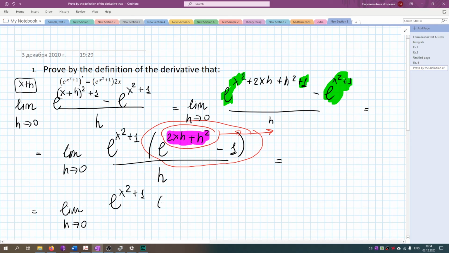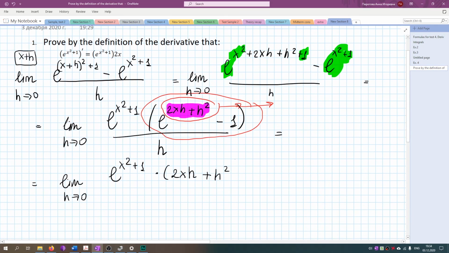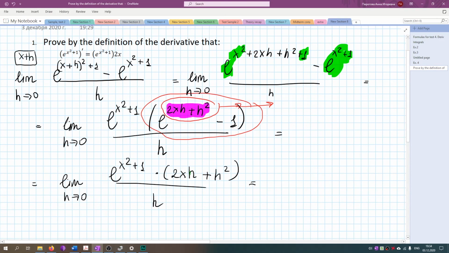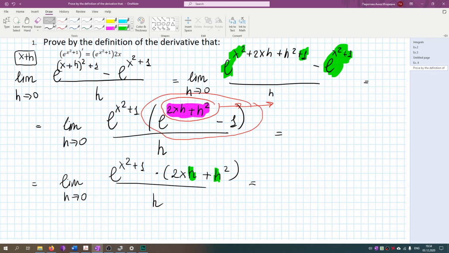Here we will use the equivalent function, which is 2x multiplied by h plus h squared, divided by h. Now you can see that we can take h out of the brackets.